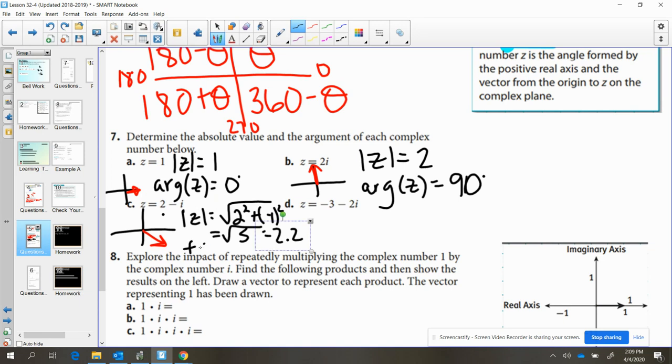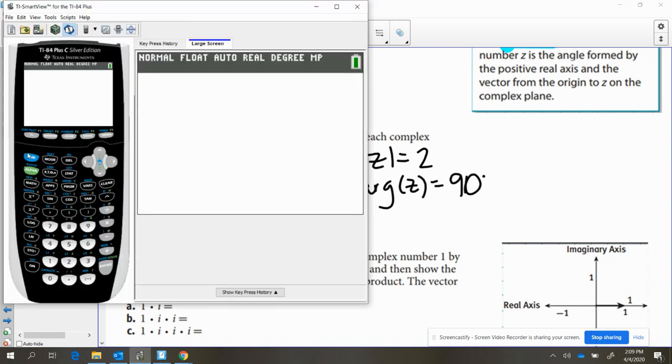And then in order to get our argument this time, a reminder, you need to take the inverse tangent of b over a. So if we look here, tan inverse of negative 1 over 2, you have negative 26.6-ish degrees.